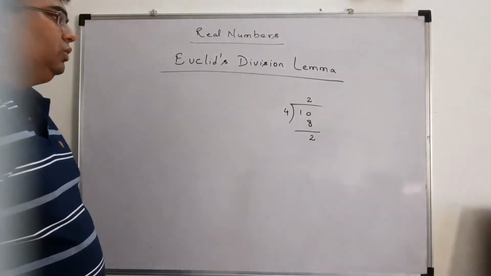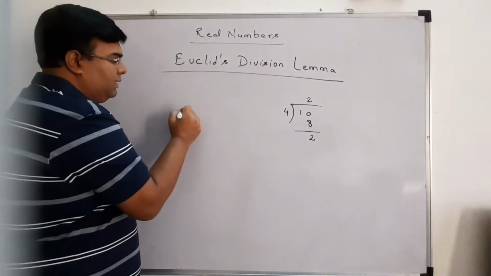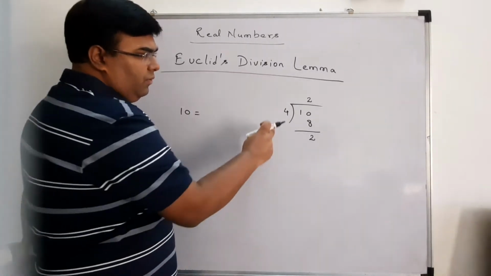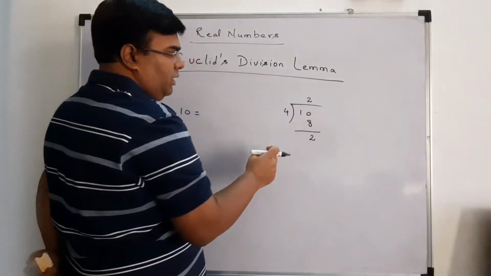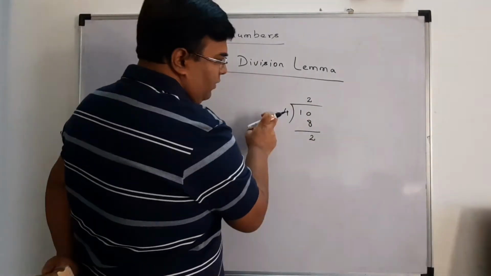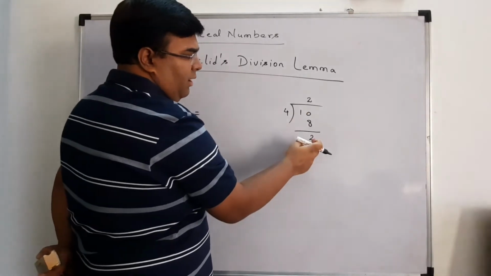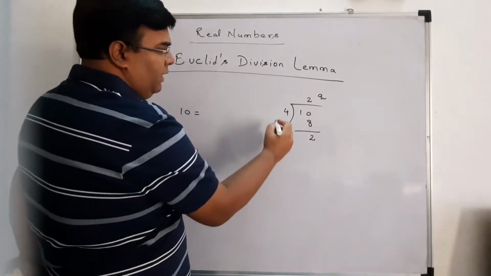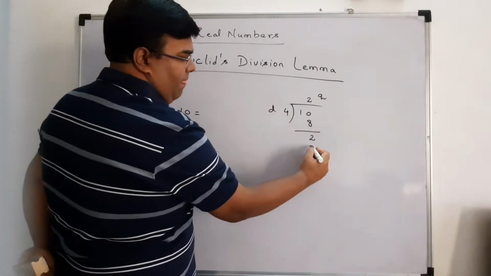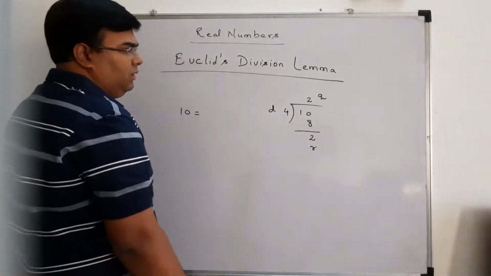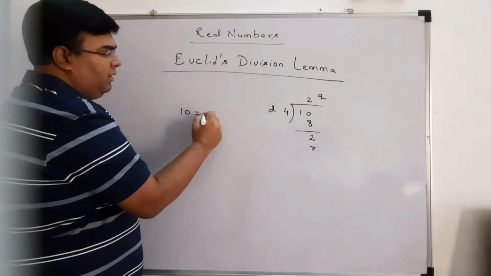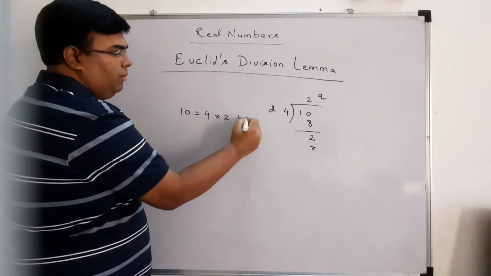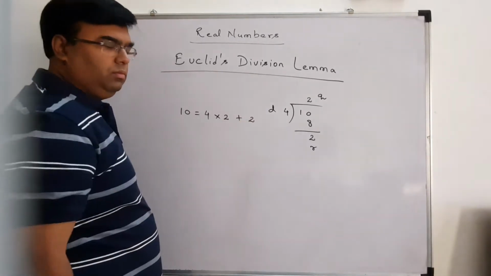So if we want to write this 10 in terms of divisor, quotient and remainder, this is my quotient, this is my divisor, and this is the remainder. So we can write it as 4 multiplied by 2 plus 2.